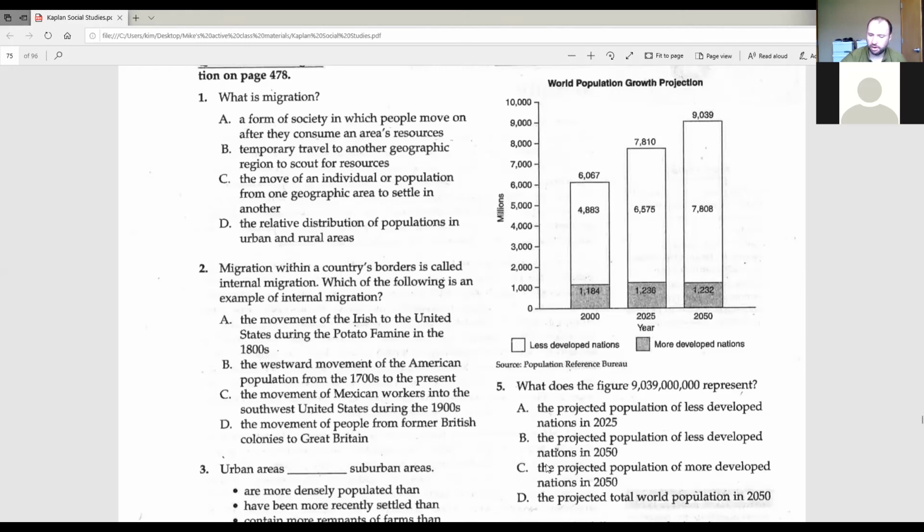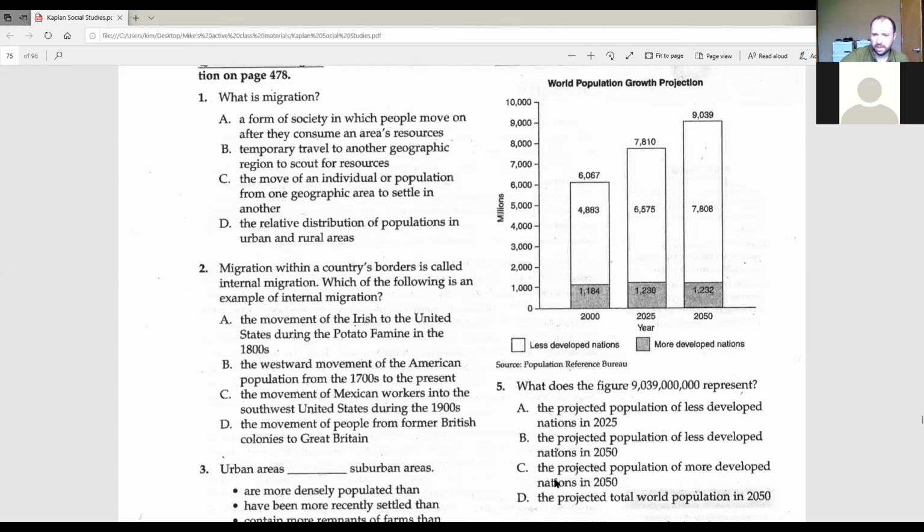Or C, the projected population of more developed nations in 2050. D, the projected total world population in 2050. All right, so the first and easiest one to eliminate would be A, right? We can tell this number is dealing with the year 2050. So A is not.